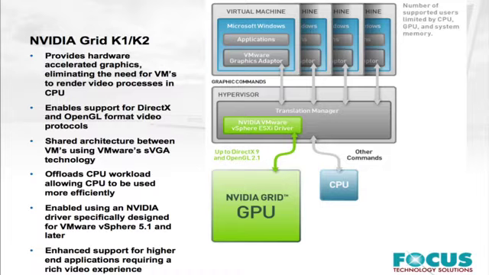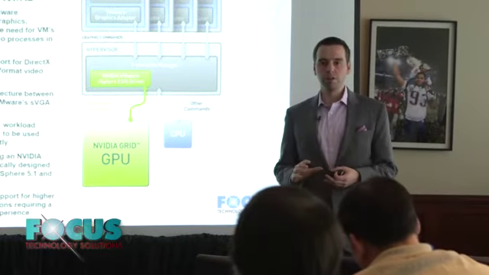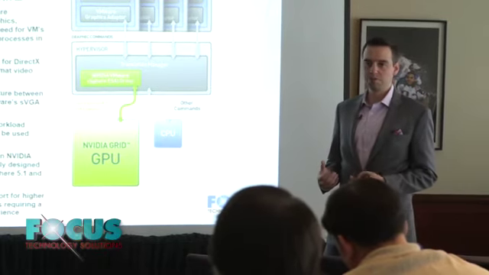When we enable 3D graphics, the driver is going to broker user VGA traffic out to the GPU. Now, the big difference between GPU and CPU is GPU is made to do this type of work. It understands DirectX and OpenGL and all of those protocols that we use in video.